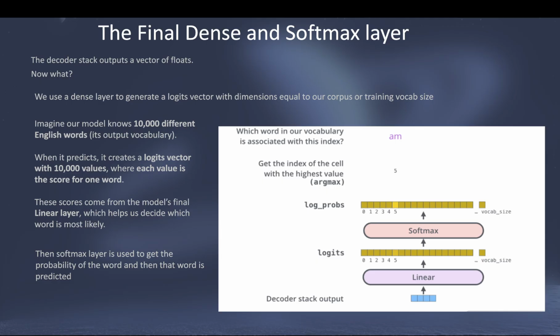So those words have higher probabilities. So after softmax, the words with higher probability will be taken as the output. So that is the basic philosophy of the transformer architecture. That was a basic overview of the transformer architecture.